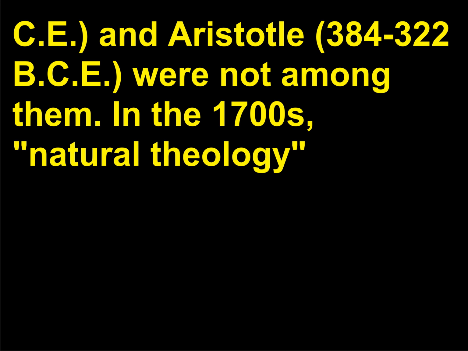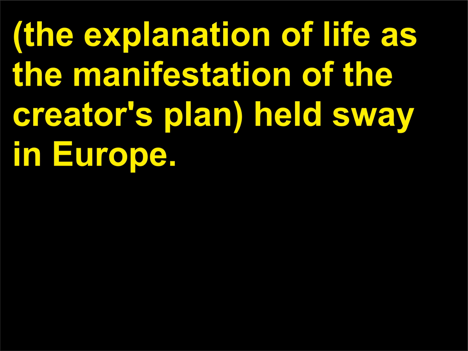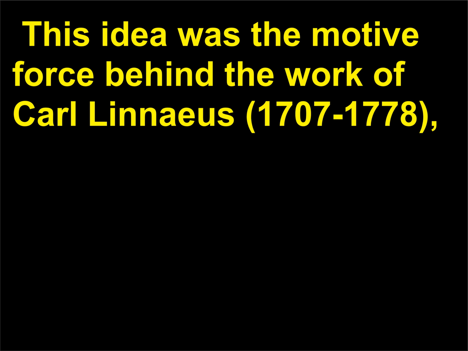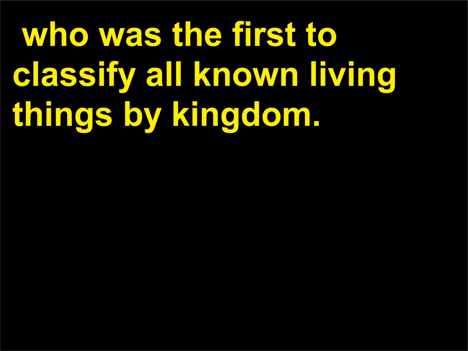In the 1700s, natural theology, the explanation of life as the manifestation of the Creator's plan, held sway in Europe. This idea was the motive force behind the work of Carl Linnaeus, 1707 to 1778, who was the first to classify all known living things by kingdom.